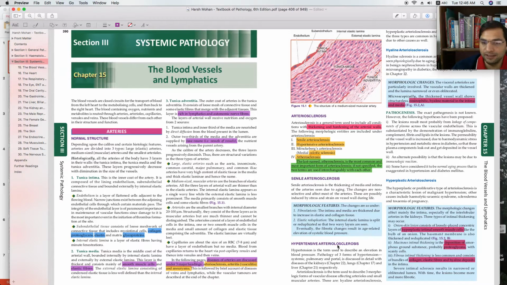In hypertensive arteriosclerosis, the intima and the media, apart from having elastic and collagen tissue, have more hyaline material in them. So in this condition, these layers become thickened and hardened because of the hyaline material.